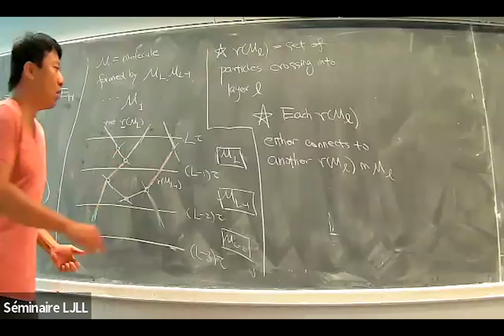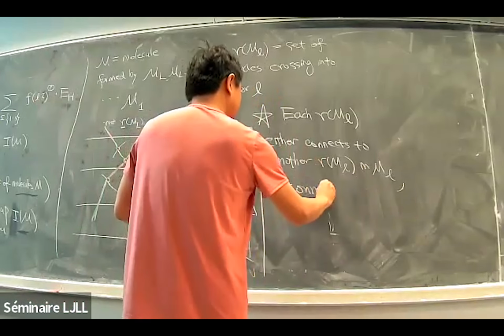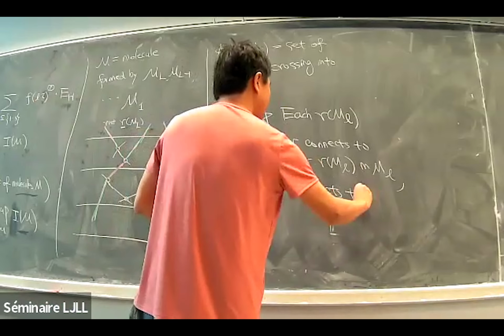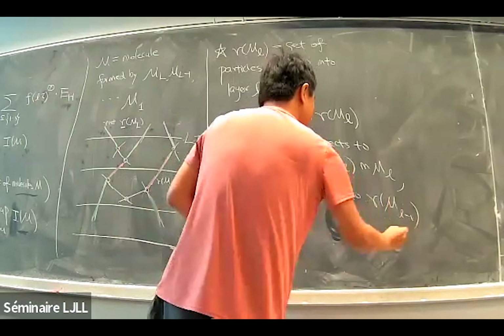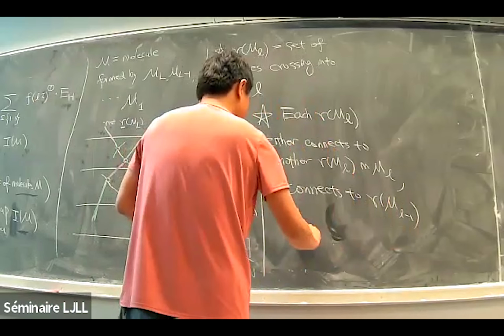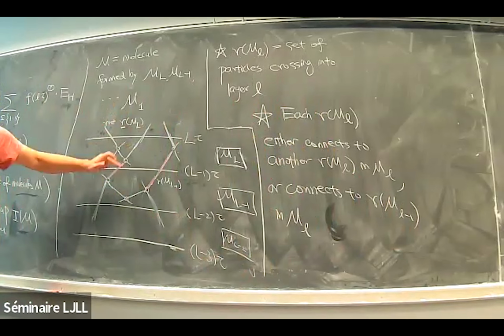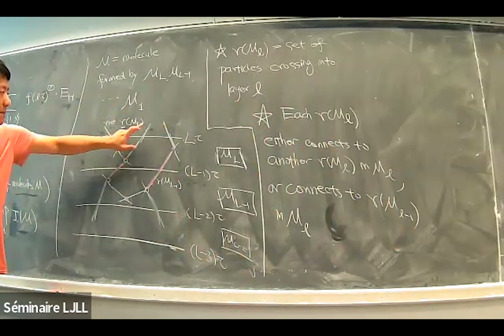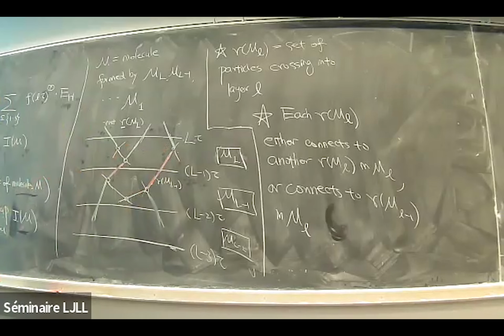Or it connects to R of ML-1 in ML-1, which is a red one. So each blue one either connects to itself in this layer, or it is not connected to other things in this layer, but it is connected to the red in this segment.